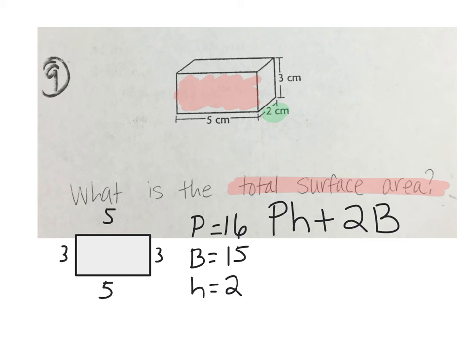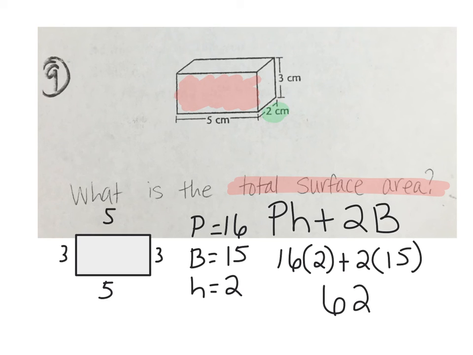And let's go ahead and fill it in. 16 times 2 plus 2 times 15. Okay, you're going to get 62 centimeters squared.